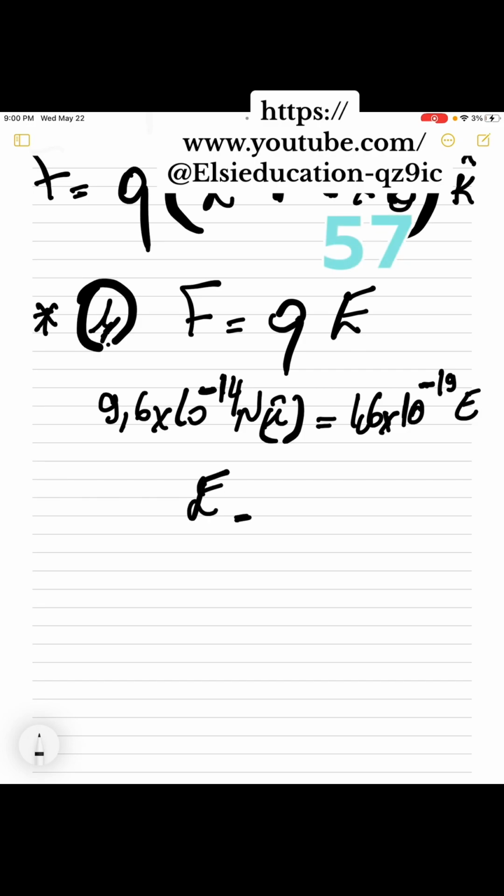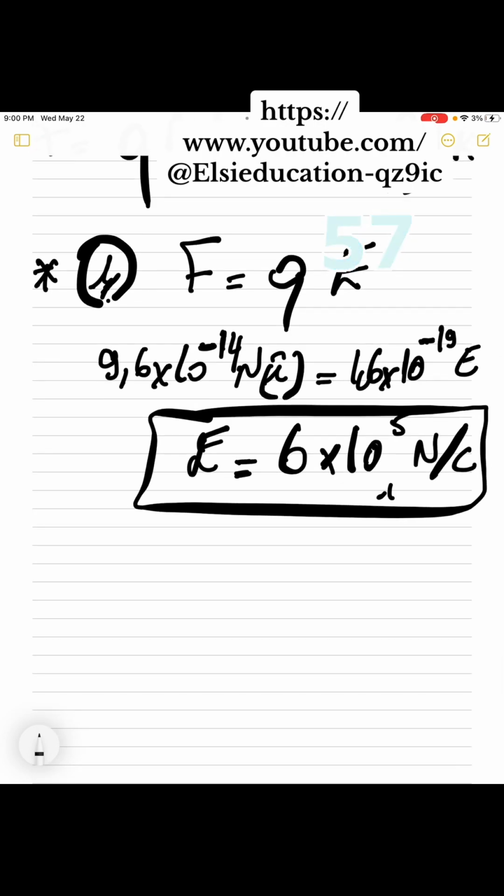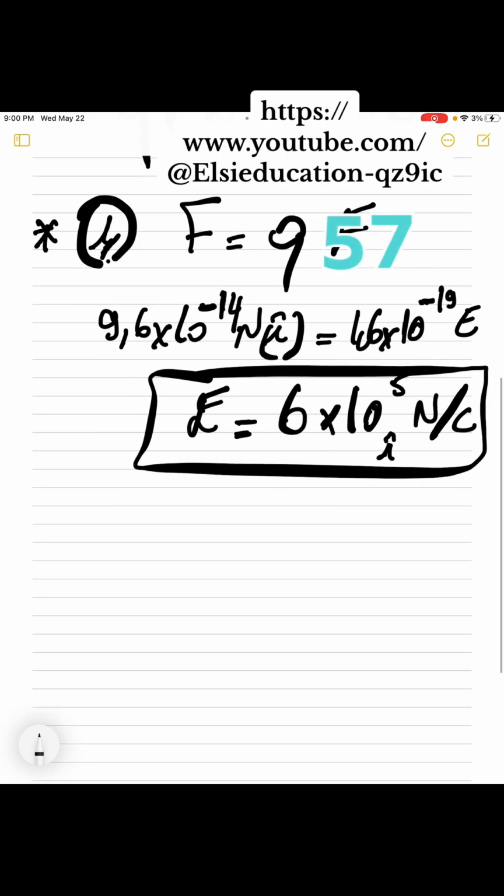So the electric field will be 6 multiplied by 10 to the power 5 Newton per Coulomb. That's the first answer, if it's in the x direction.